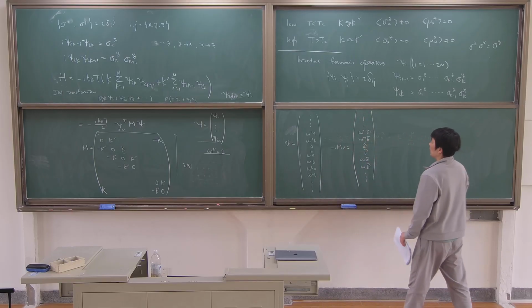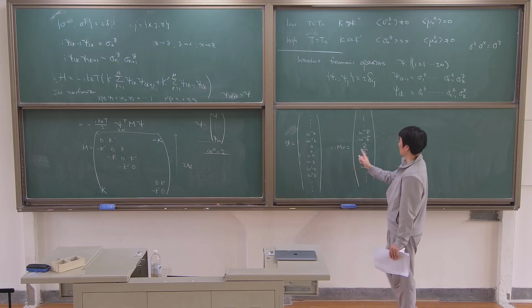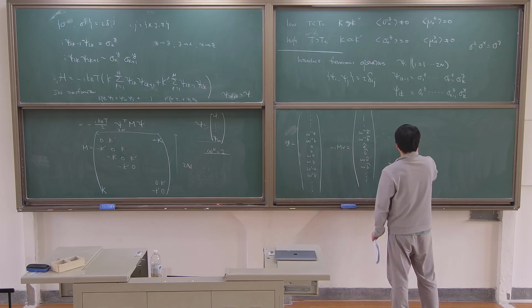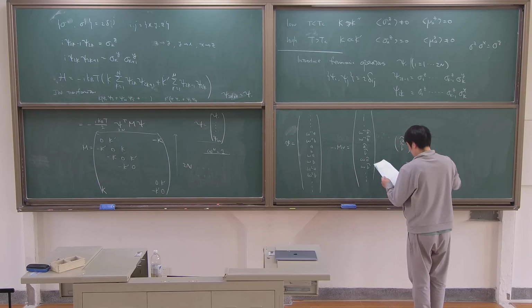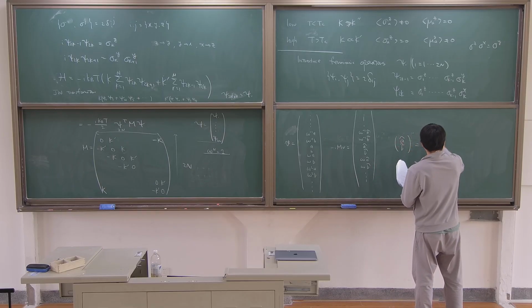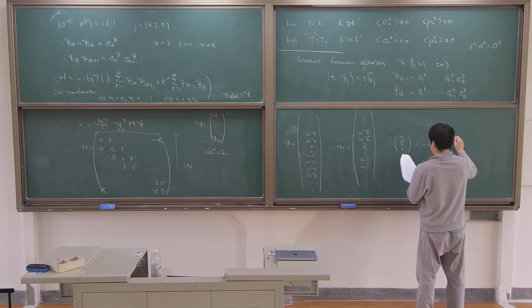Okay, so then trying to find the eigenvalue is essentially to solve this 2 by 2 matrix problem.